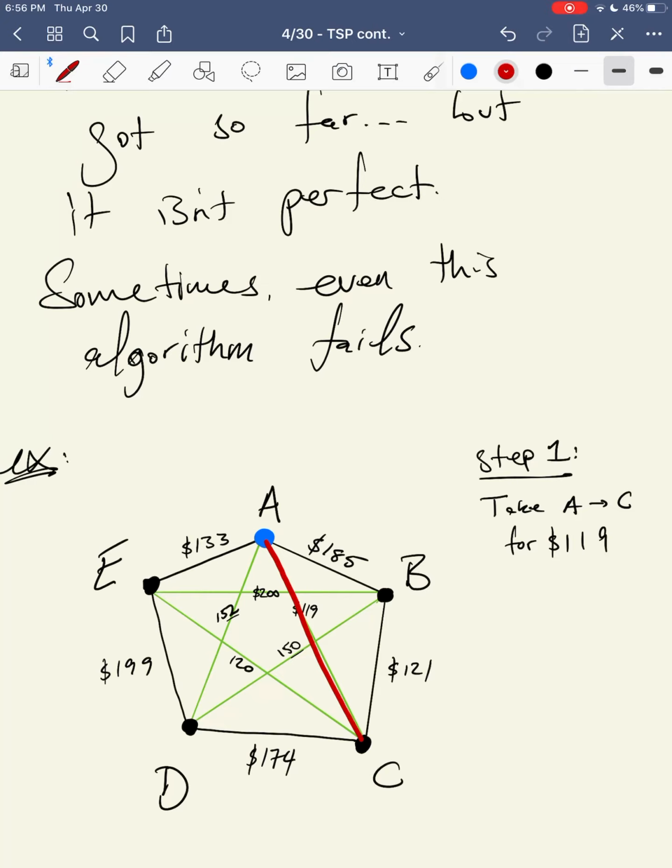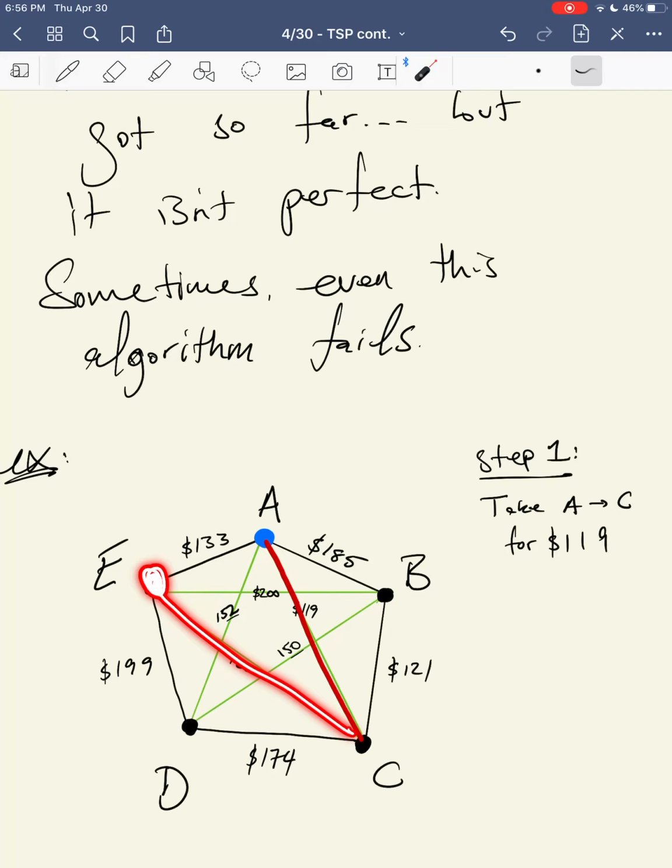Okay. The second one, I'm going to look at all the others and I'll see 121, 171, 120. Those are my three options. 120 is the cheapest. So now the thing to do though is, if I was going to take this edge, would I break either the 3-edge rule or the partial circuits rule?